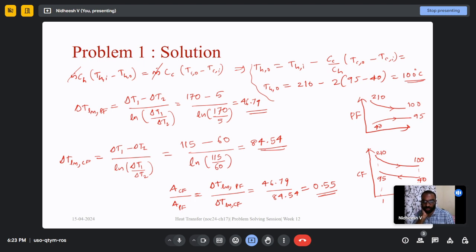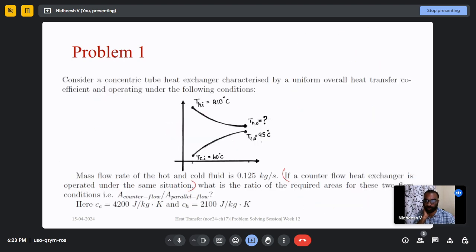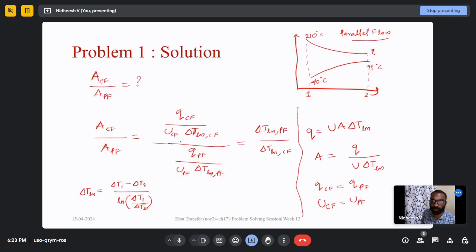Take some time to go through the problem and solution again and let me know if there was something that was not clear. Let me go back to the problem statement. Let me go to the solution.